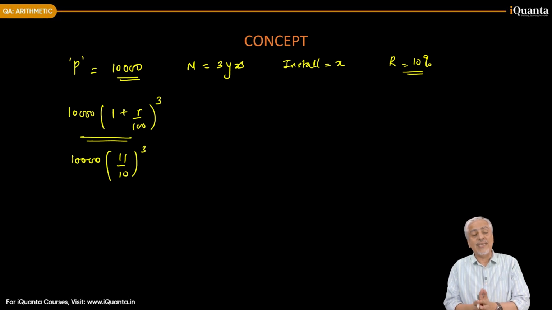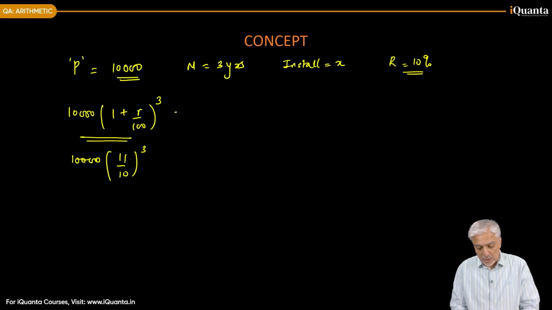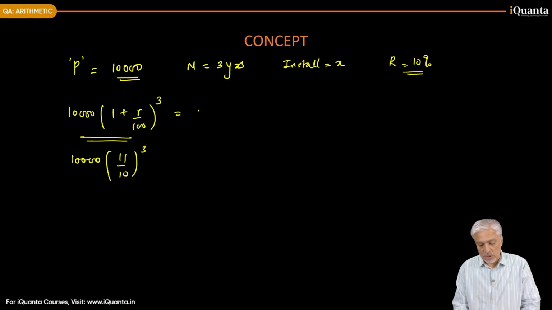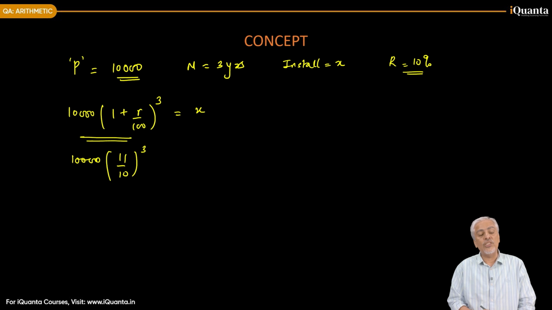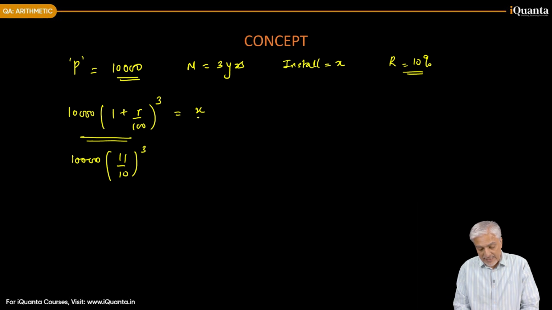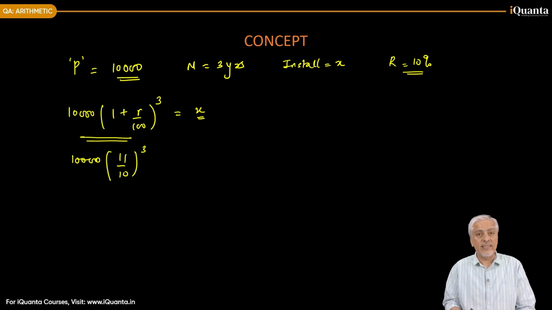Now let's have a look at the right hand side of the equation. What am I paying so that everything becomes equal? Instead of paying everything after 3 years, what did I decide? I will pay something after 1 year, the same amount after one more year, and the same after the third year. So I paid say X rupees after 1 year. But my left hand side of the calculation is based on what I have to pay after 3 years. So this X, which I paid after 1 year, I have actually paid 2 years early.